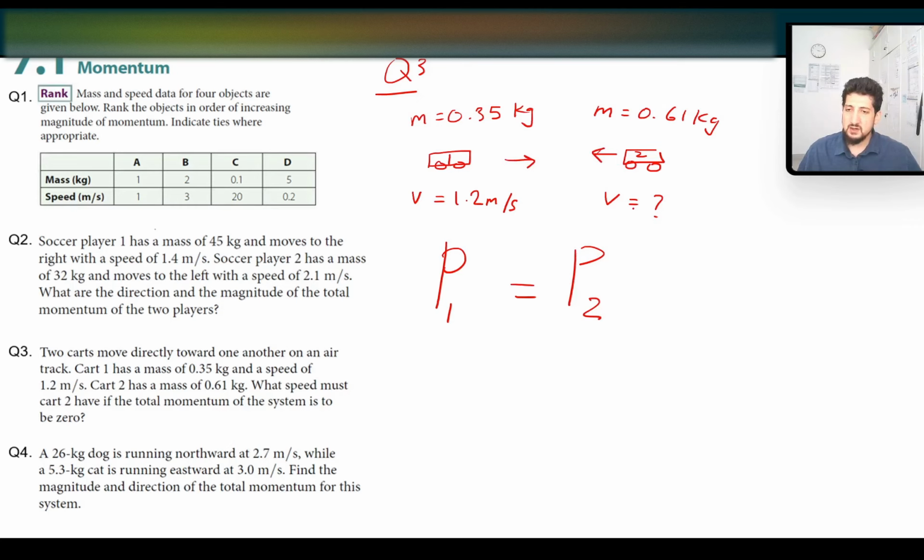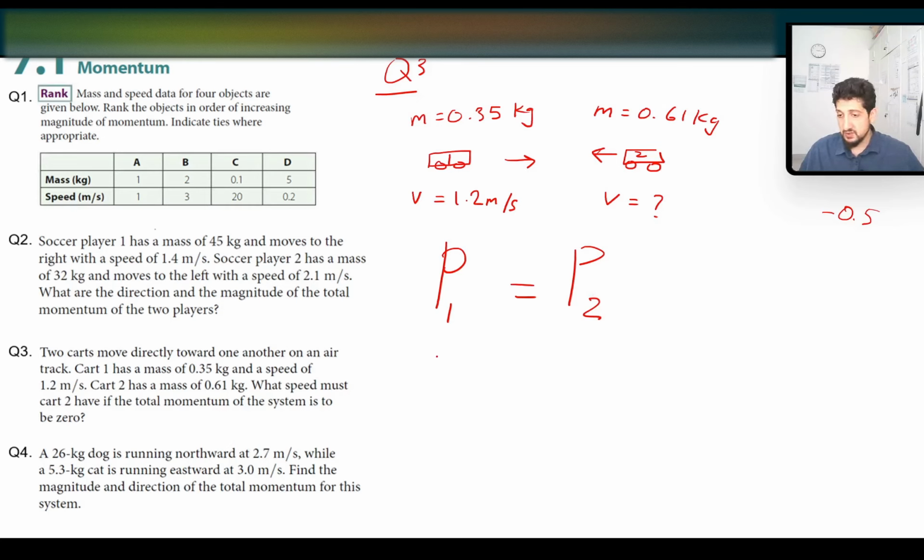Just by approximating, cart 2 has about double the mass, so it has to be about half the velocity in the opposite direction. So between negative 0.5 and negative 0.6, then I'll know I got the right answer.